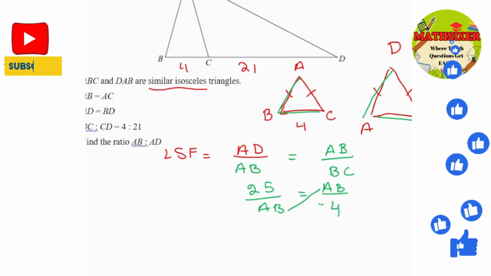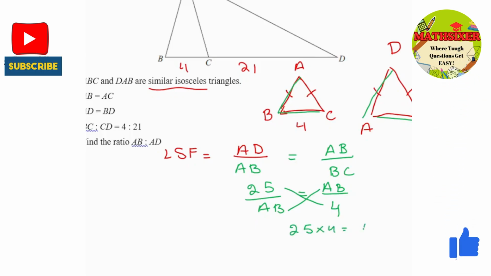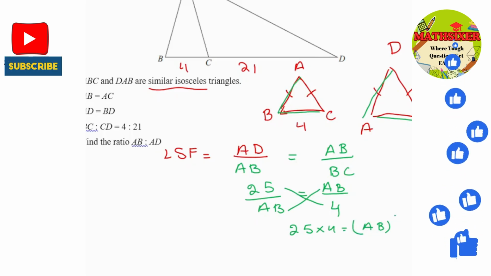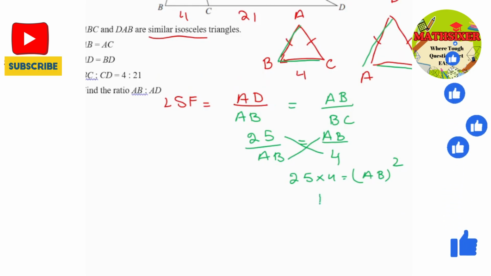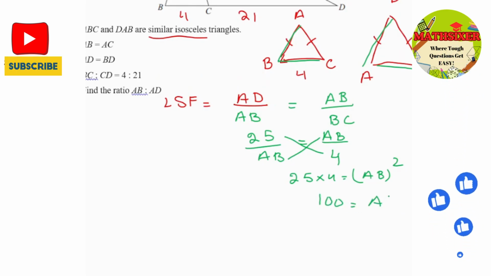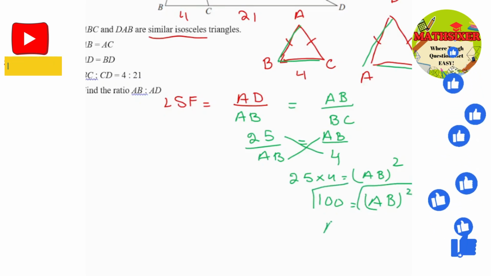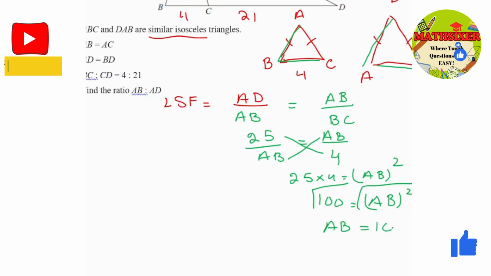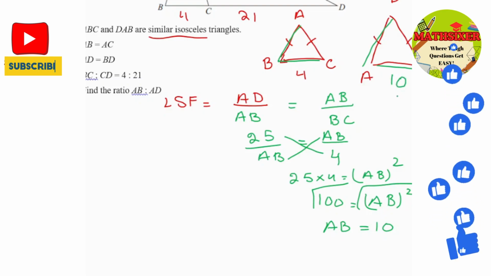If we do the cross multiplication quickly, we are left with 25 times 4 is equal to AB squared. So we get 100 is equal to AB squared. If we take the square root on both sides, we will get AB as 10. So we know that this length is 10 centimeters or 10 parts.